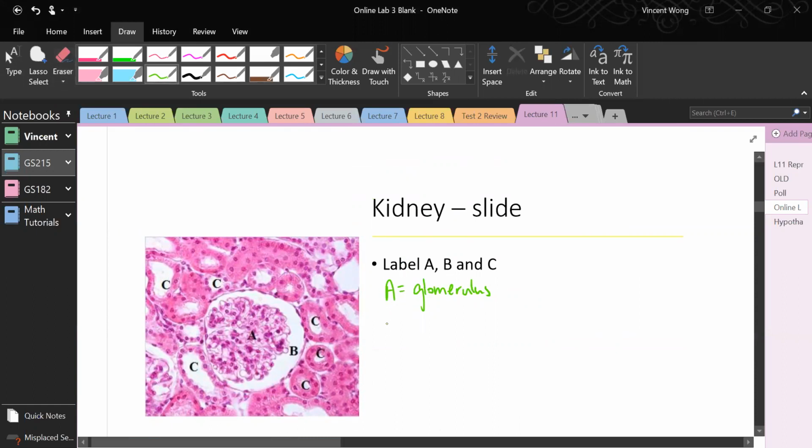Okay, so B is the Bowman's capsule. All the liquid gets filtered out from the glomerulus and is captured by the Bowman's capsule. And all these things on the side, that is the proximal tubule.